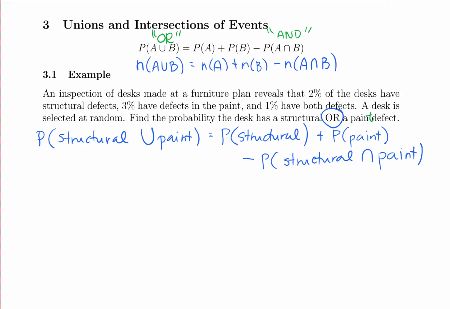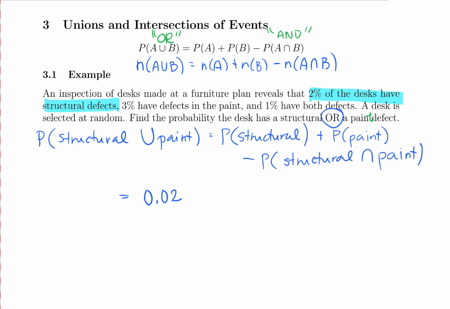Okay. Well, let's see. In the problem, we're given some information. 2% of the desks have structural defects. Well, that means then that the probability of having a structural defect is given by that 2%. So if we write this as a decimal, this would be 0.02. Let's see.